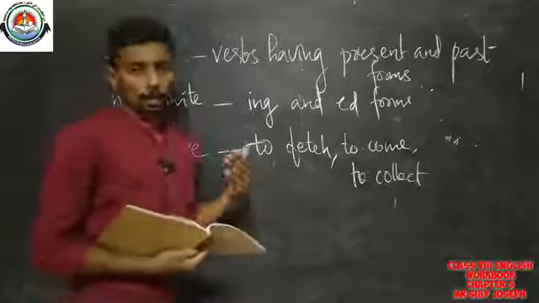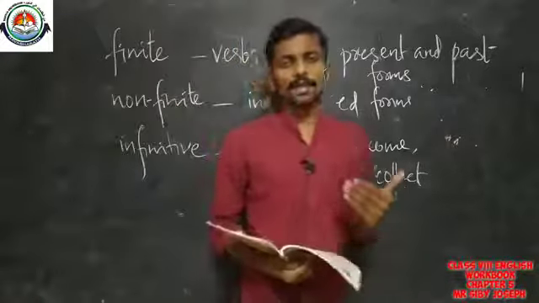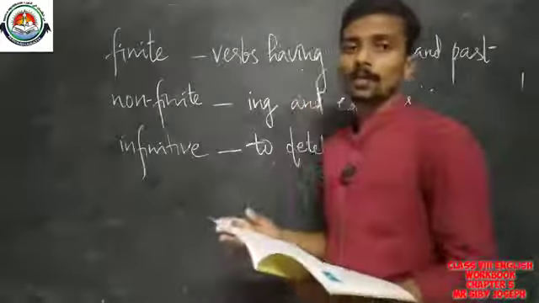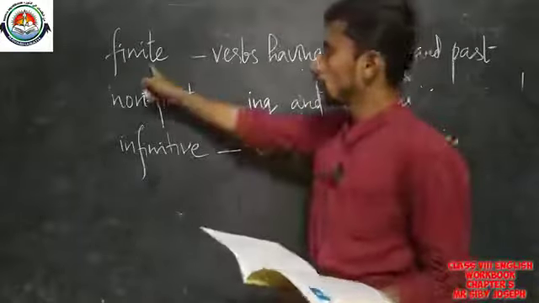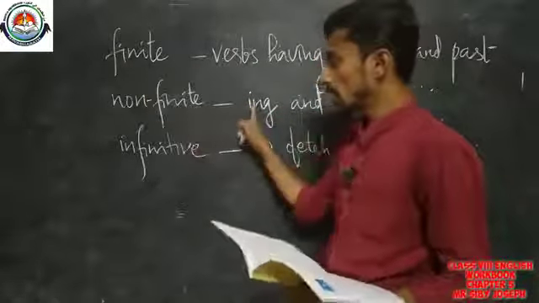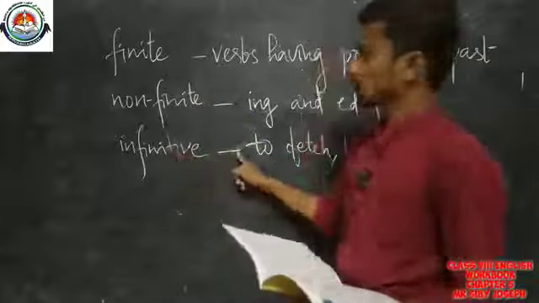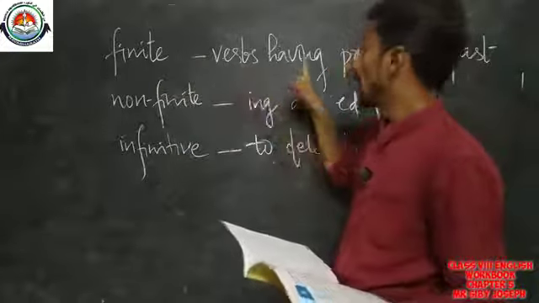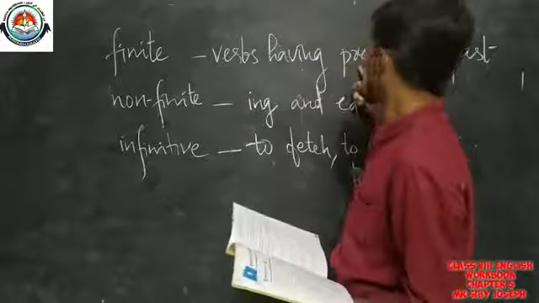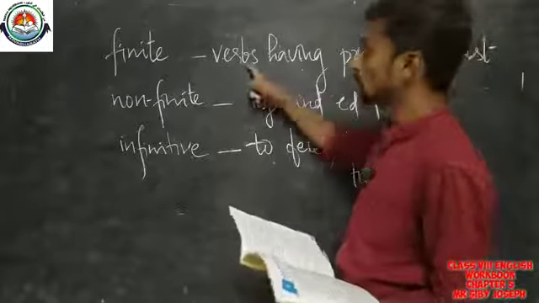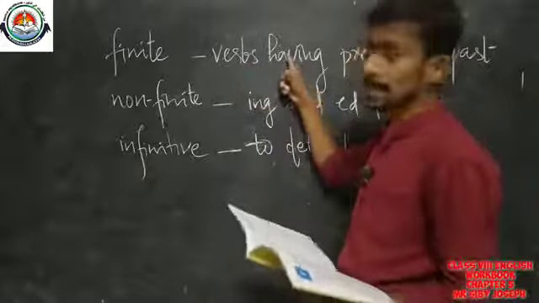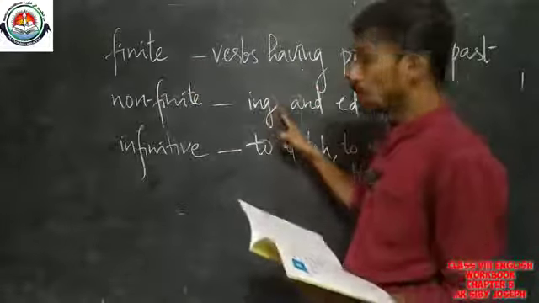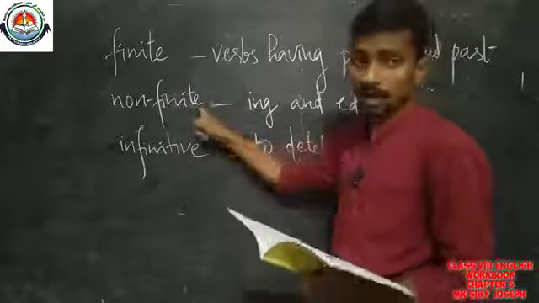In order to know all the things in a very detailed manner, you have to have a very thorough knowledge about finite verbs, non-finite verbs and infinitive verbs. Finite verbs are verbs having present or past forms. That means verbs with tenses are finite verbs, and words without tenses are non-finite verbs.